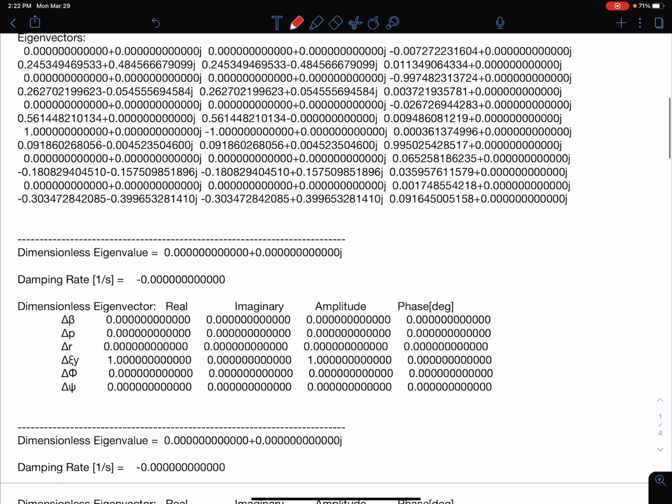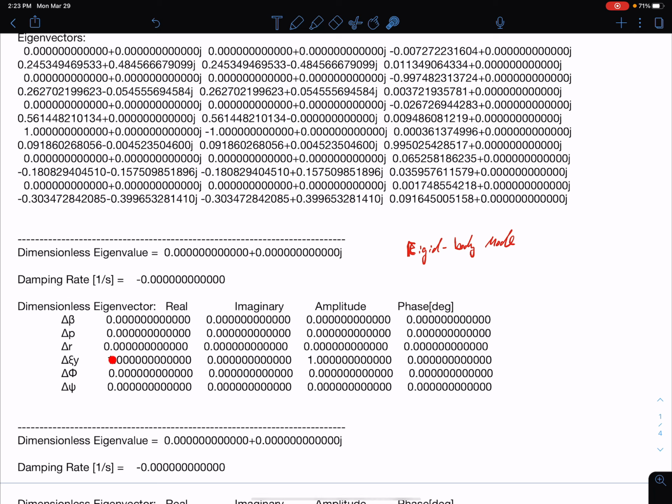So the first one I get is just a 0. This is a rigid body mode. And basically, again, that says that there's one of our independent variables that the dynamics really don't depend on the original value, or the trim value, or the equilibrium value of that parameter.